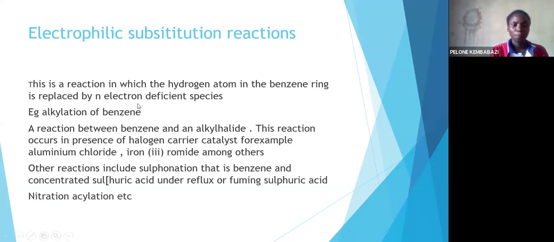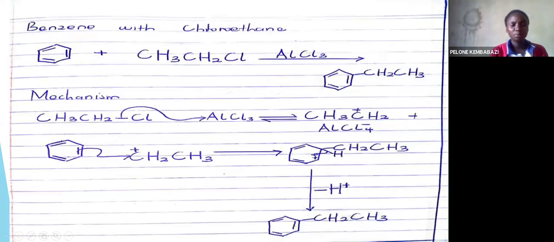I used the one which was asked in UNEP, where they asked us to describe the reaction between benzene and chloroethane. As I said, if they say describe the reaction, don't look at the word as something strange or new.